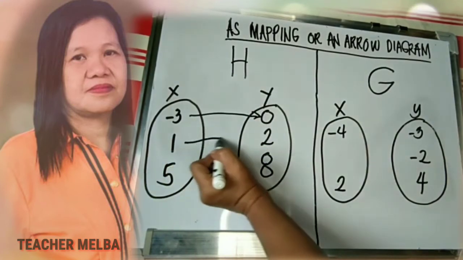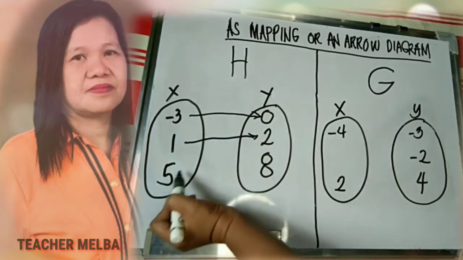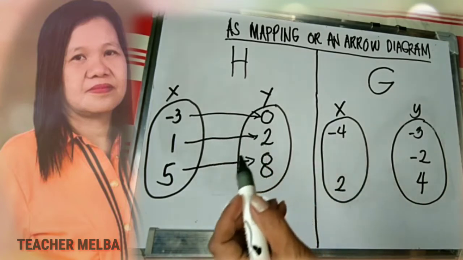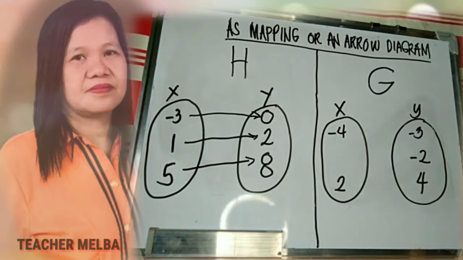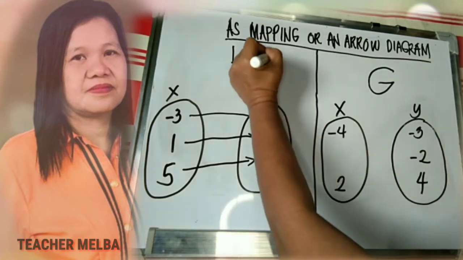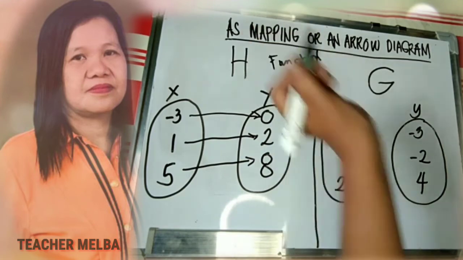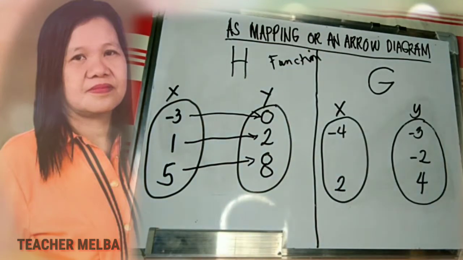Then 1 is paired to 2 and 5 is paired to 8. So for this case, figure H is a function, since each element x corresponds to a unique element in y.